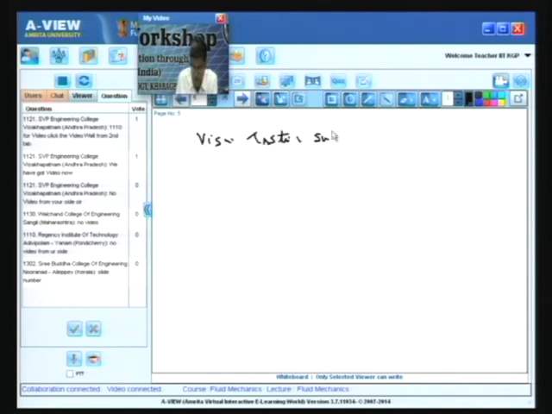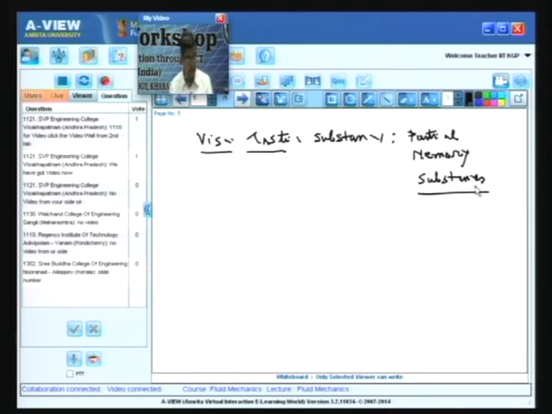These are in-between substances which possess both viscous and elastic properties, and they are called partial memory substances.